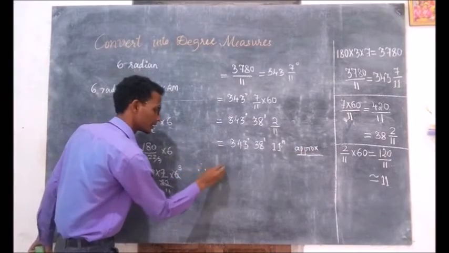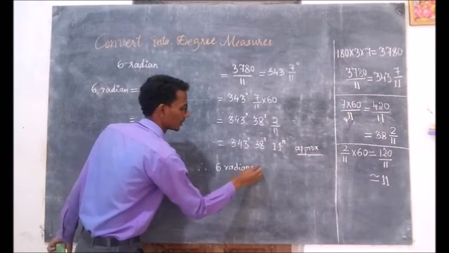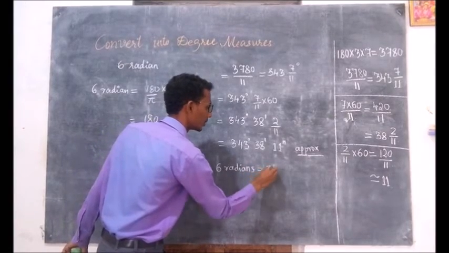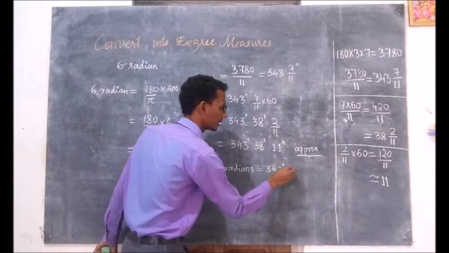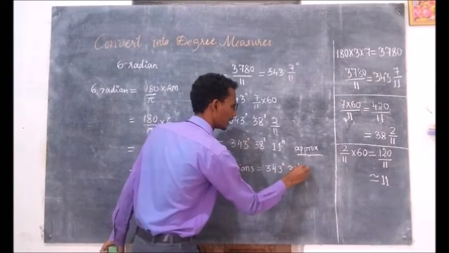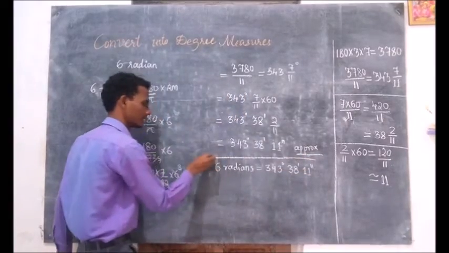So therefore 6 radian is equal to 343 degrees 38 minutes and 11 seconds approximately.